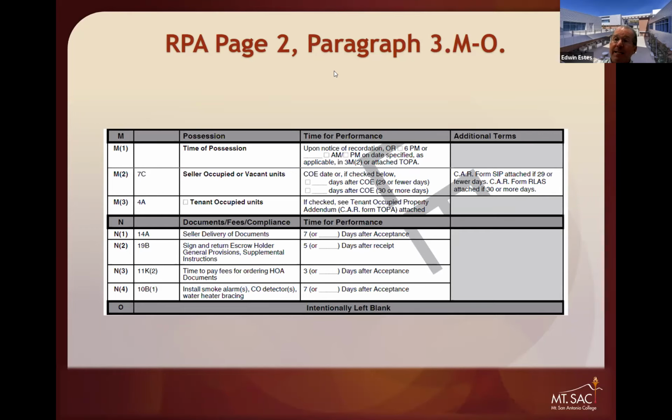Can the ESD or the SPQ be removed by a counteroffer or an addendum? Yes, it can. However, both of those documents ask for information. Now, if I'm representing a lender on an REO sale, in other words, this is a property that was foreclosed upon, I have the listing from the lender, I will probably talk to the lender to see if they are willing to do an ESD.